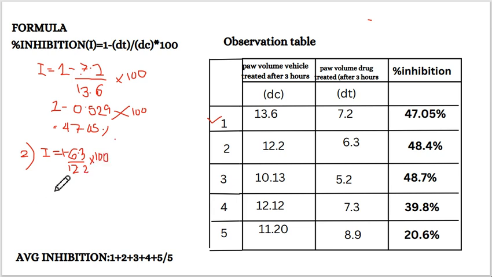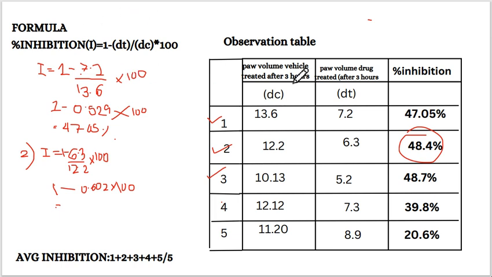So here I'll get 1 minus 0.602, I'm sorry, 0.602 into 100, okay. So I'll get the answer as 48.4. So that's how you have to calculate for 2, 3, 4 and 5.